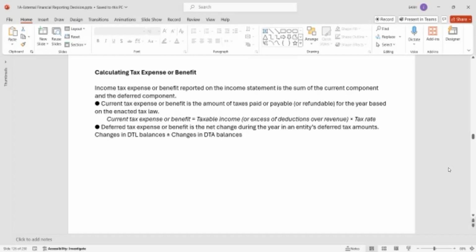Deferred tax expense or benefit is the net change during the year in an entity's deferred tax amounts. Add or subtract changes in deferred tax liability balances and changes in deferred tax asset balances.